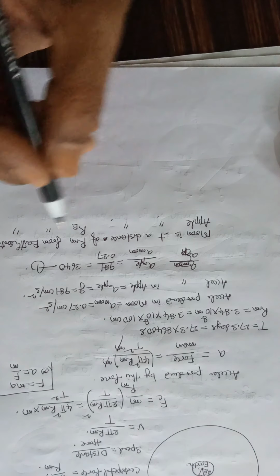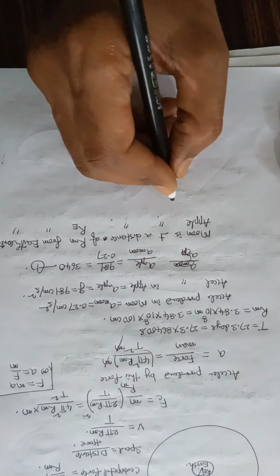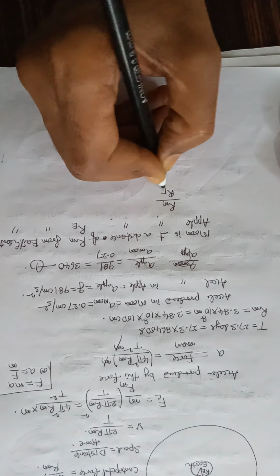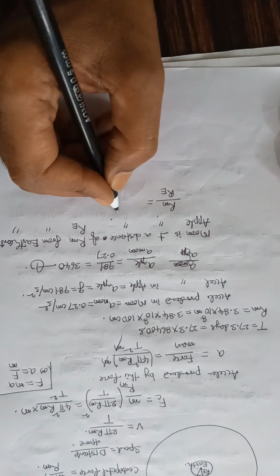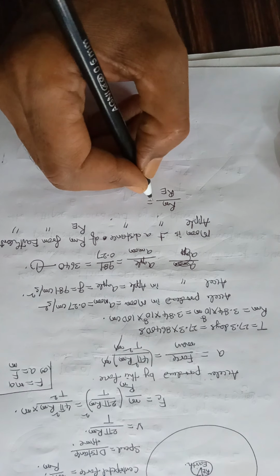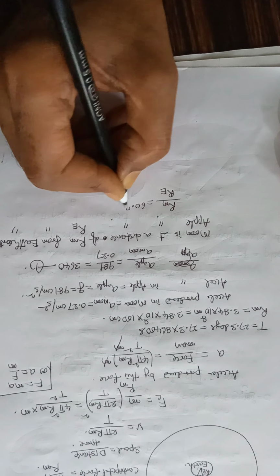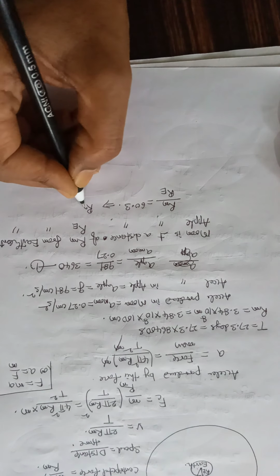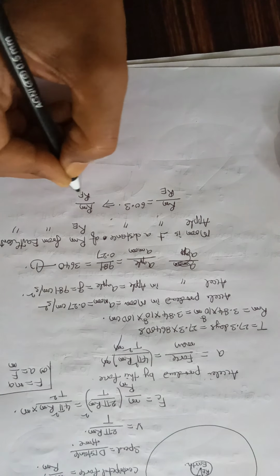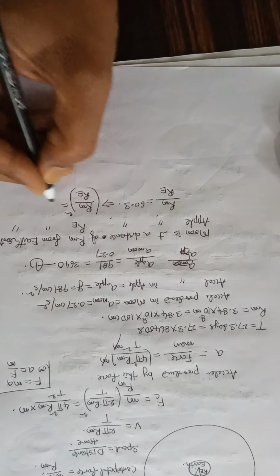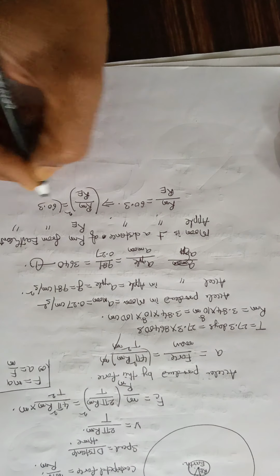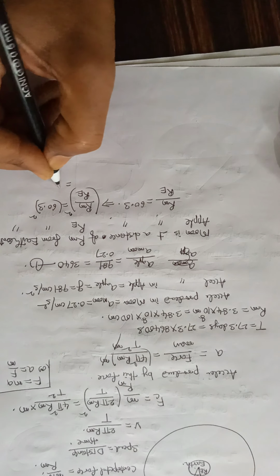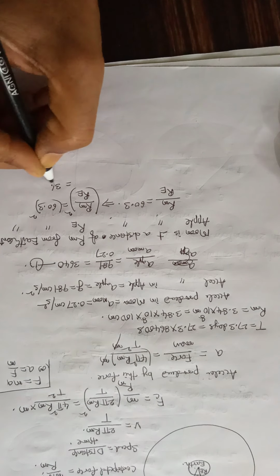Now which will be larger? Rm will be larger. So let us take the ratio between Rm and Re. By substituting the values we get 60.3, and squaring on both sides, we get 3640.